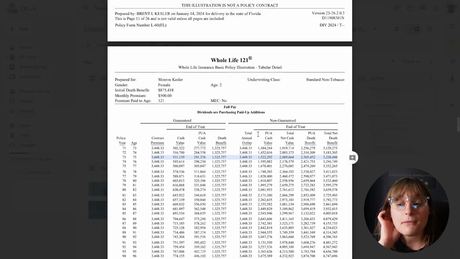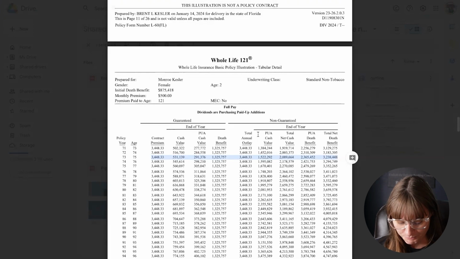But I do want to keep my policy. I understand that there's a benefit to the death benefits, the cash value that I can use for whatever I want. It's guaranteed to grow no matter what the market is performing or acting like. So you know what? At age 75, I think I just want to stop paying these premiums.